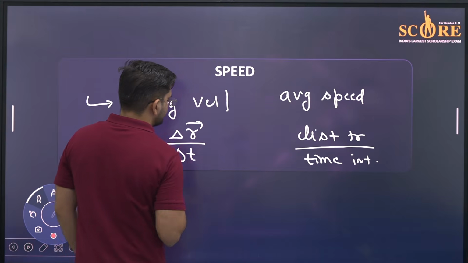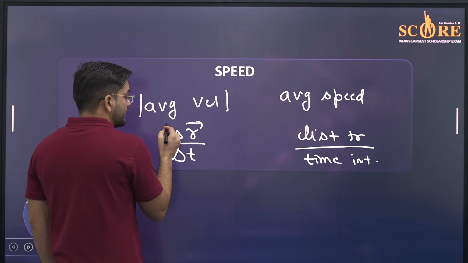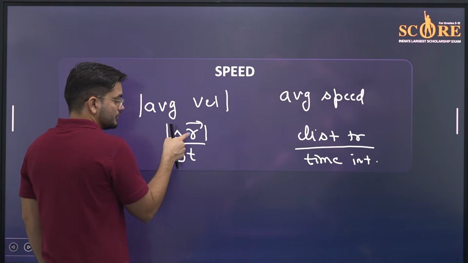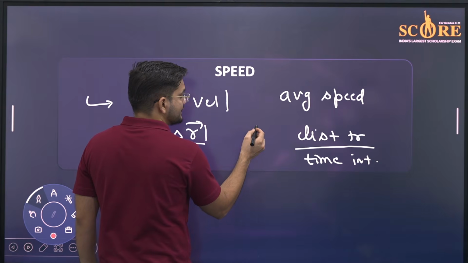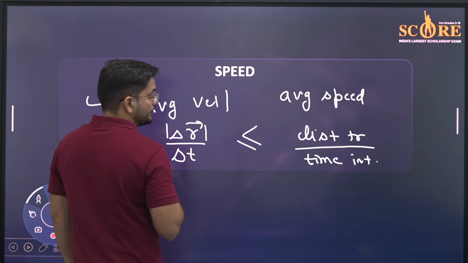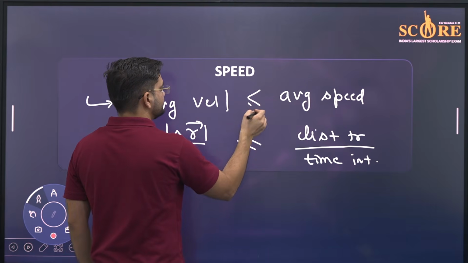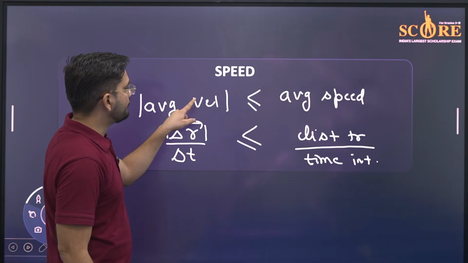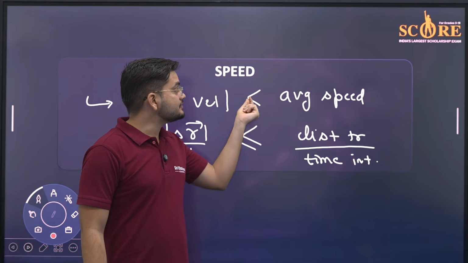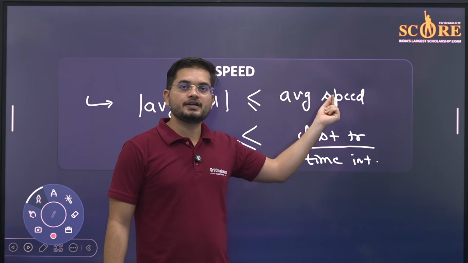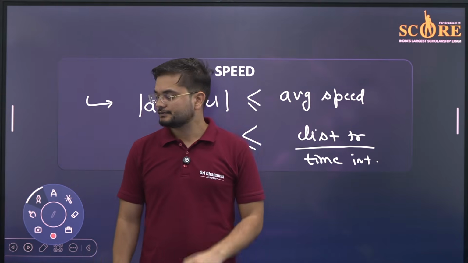Delta t is the same; it is delta r and distance traveled. Magnitude of displacement is always less than or equal to distance traveled. So we can say that the magnitude of average velocity will also be less than or equal to average speed. You got my point? Clear?